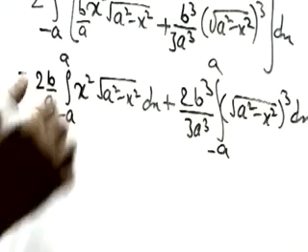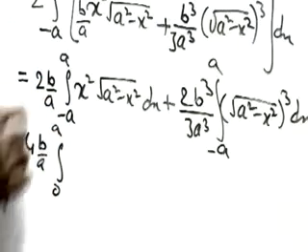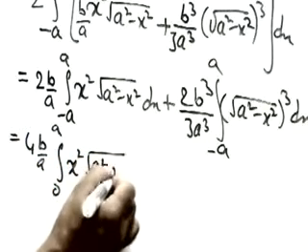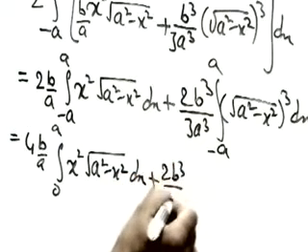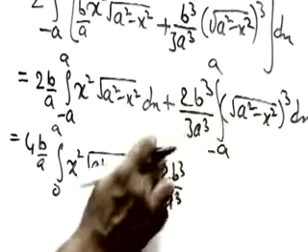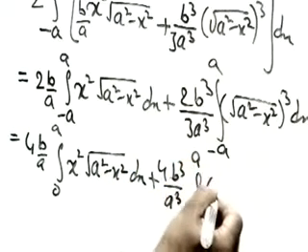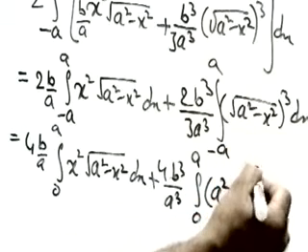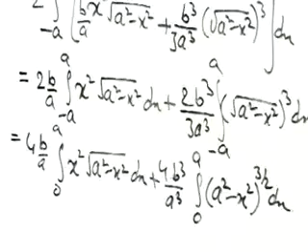So 2 into 2 is 4, 4b by a, even function, 0 to a, x square into under root of a square minus x square dx, plus 2b cube by a cube. In the same way, this will be 4 times the integration of 0 to a, a square minus x square power 3 by 2 dx.